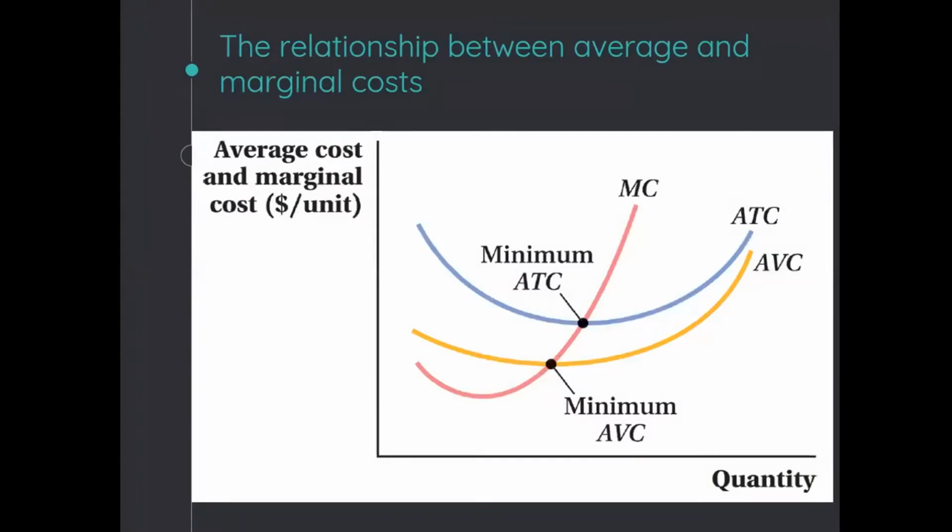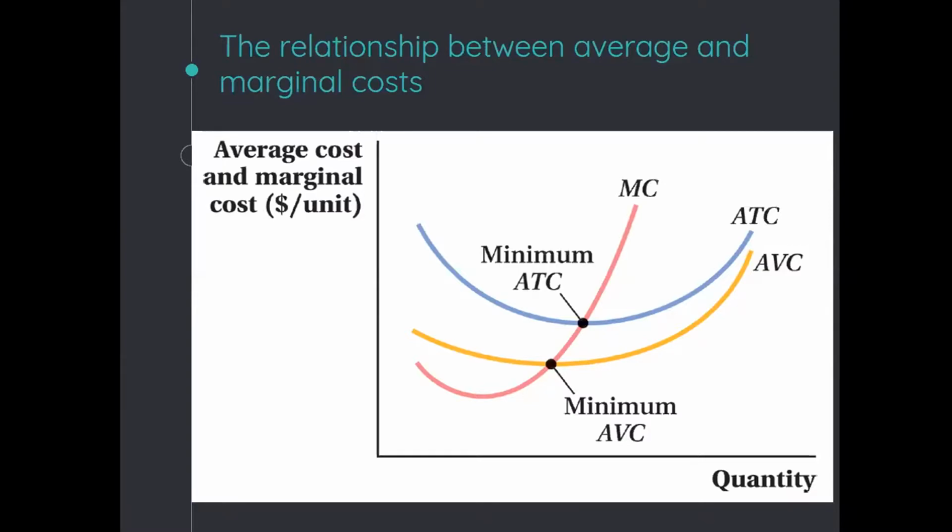So this is more or less how the average costs and the marginal cost are graphed. We saw these particular curves individually in the last class. Now, if we combine them, as we see here, we see three curves. The yellow one is the average variable cost. The blue one is the average total cost.